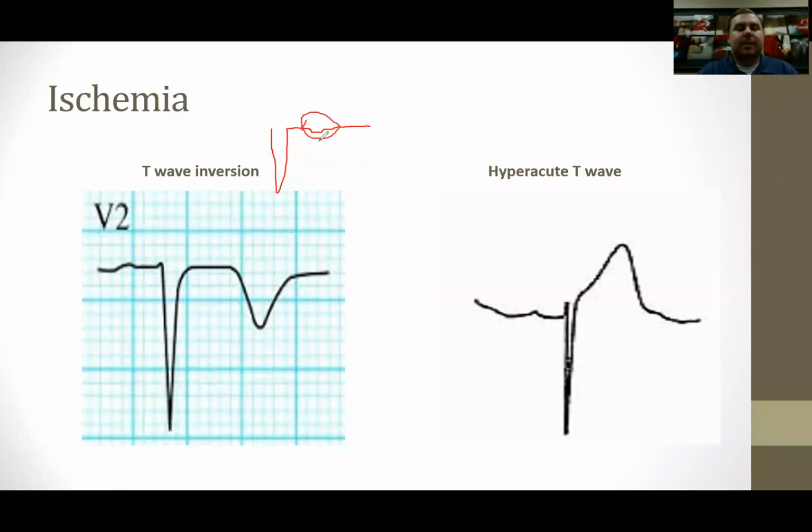It might tell me something, but it also might be benign, as opposed to this, which has a nice symmetric T-wave inversion. These are always going to be bad outside of aVR and V1. So we'd want to find any T-wave inversions on the 12 lead and determine if they're deep, symmetric, or small.